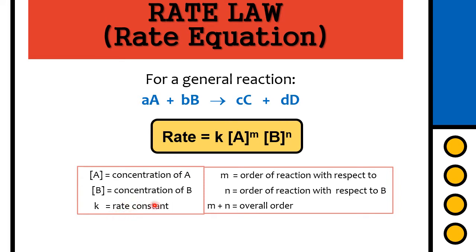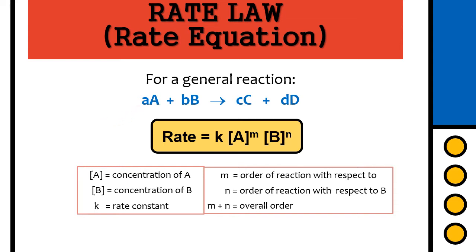Here we call it the rate constant. m is the order of reaction with respect to A, and n is the order of reaction with respect to B. And m plus n will be the overall order. So m and n are the orders of reaction with respect to the reactants, and like I said earlier, the order of reaction does not depend on the balanced chemical equation.